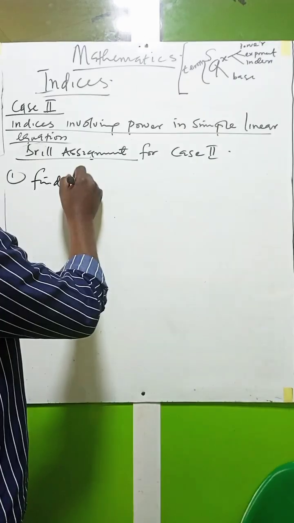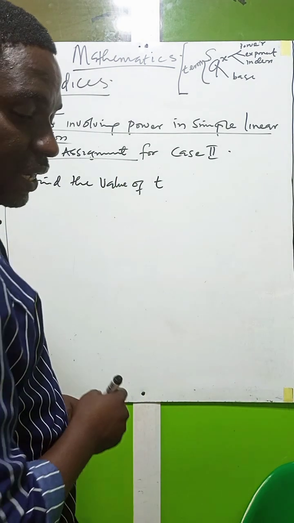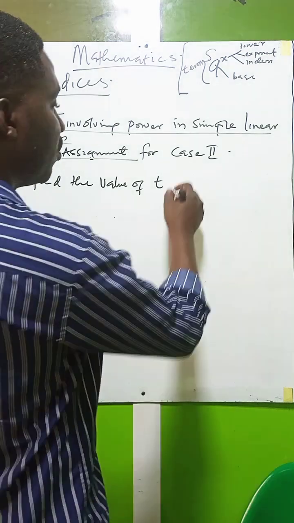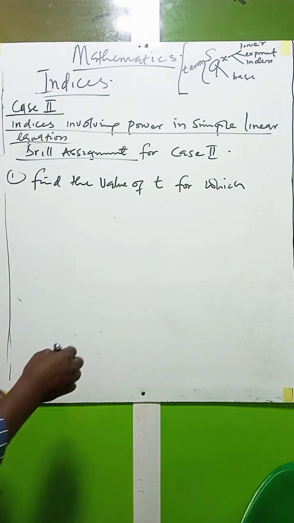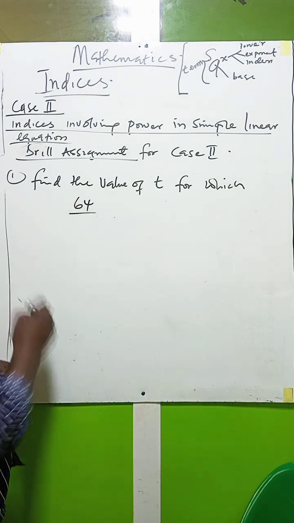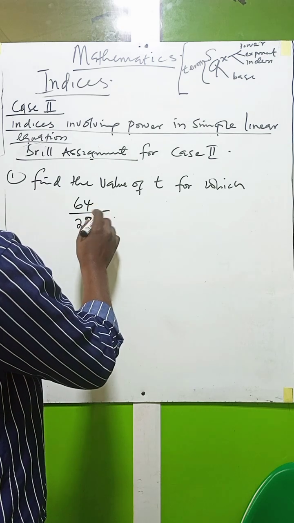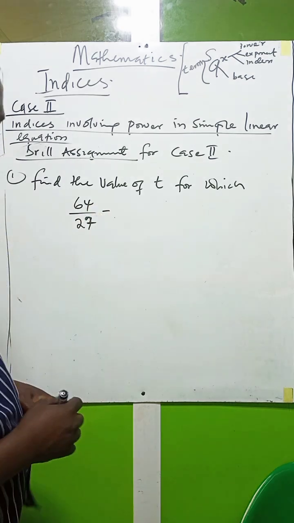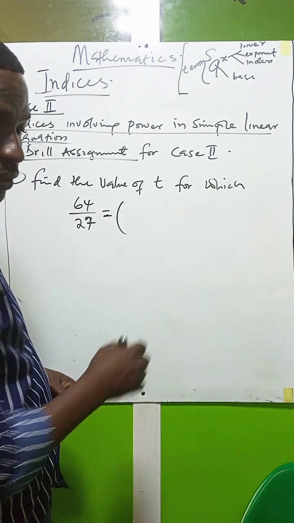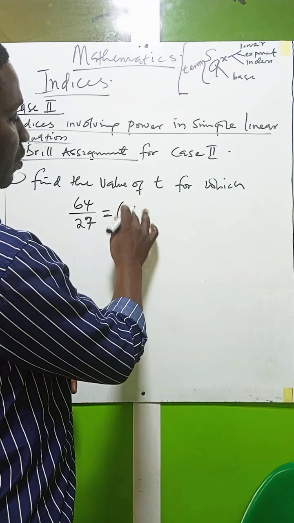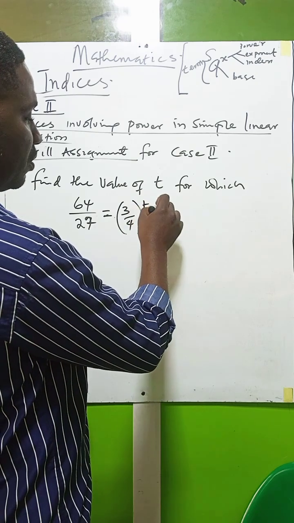Find the value of t for which 64 over 27 equals 3 over 4 raised to power t minus 1.